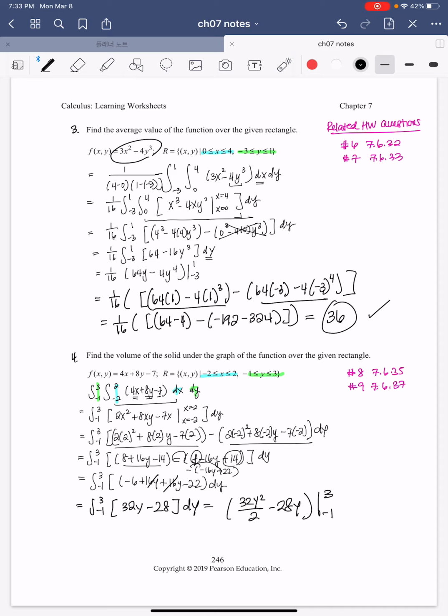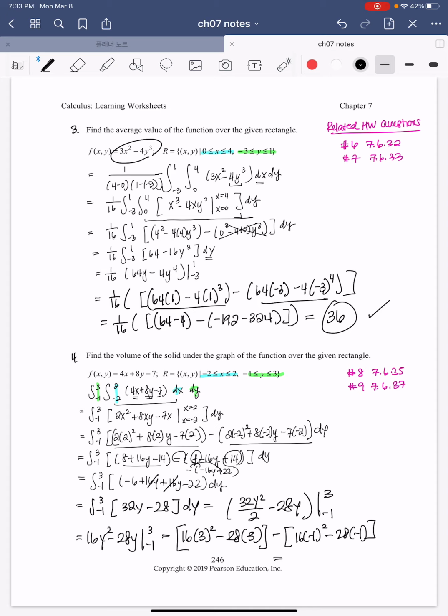Okay, 32 divided by 2, that's 16. So really you have 16y squared minus 28y from -1 to 3. So you have 16 times 3 squared minus 28 times 3, minus 16 times -1 squared minus 28 times -1.